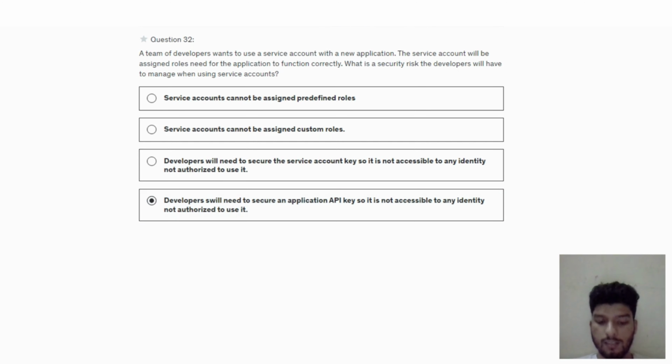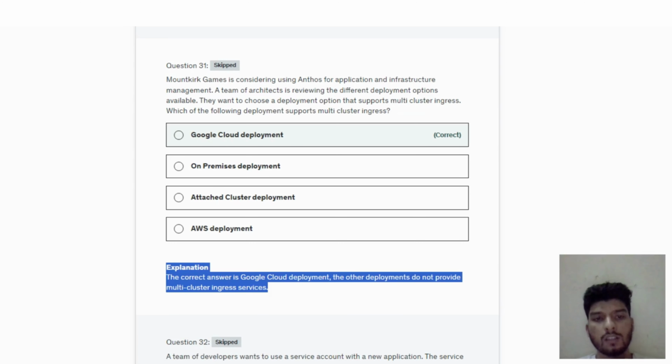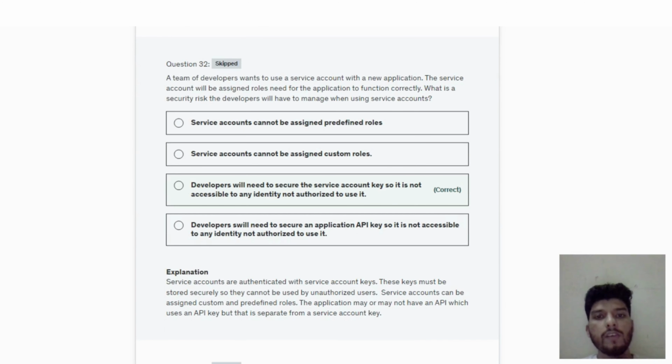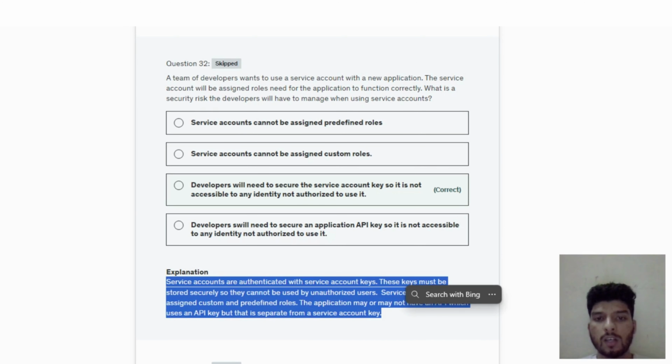So the right answer is: the developer will need to secure the service account key so it is not accessible to any identity not authorized to use it. And here is the explanation: service accounts are authenticated with the service account key, and the key must be stored securely so it cannot be used by an unauthorized user.